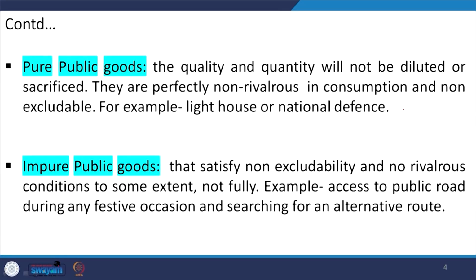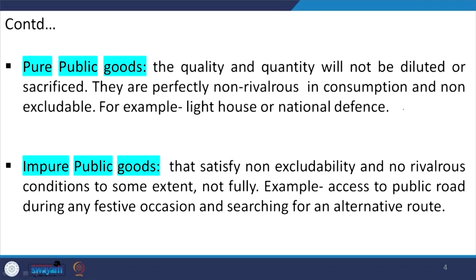And the second one is impure public good. That means the particular public good can satisfy these two qualities only partially or to some extent. It does not fulfill the two conditions fully. We can take the access to the road.